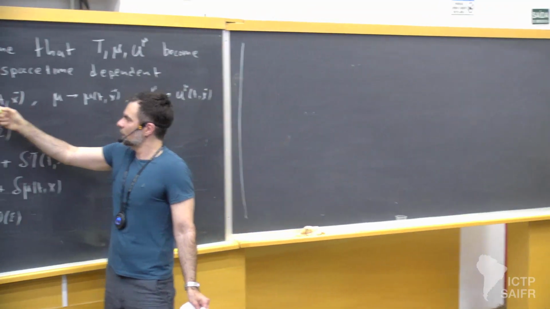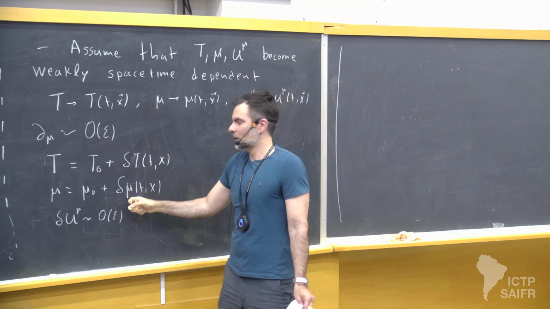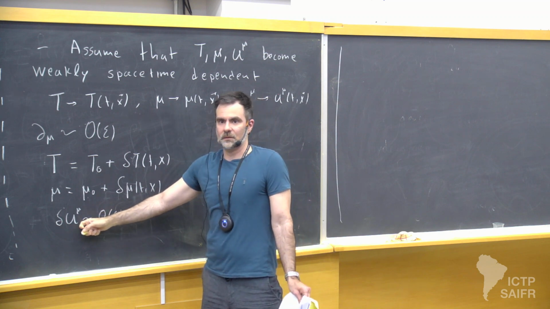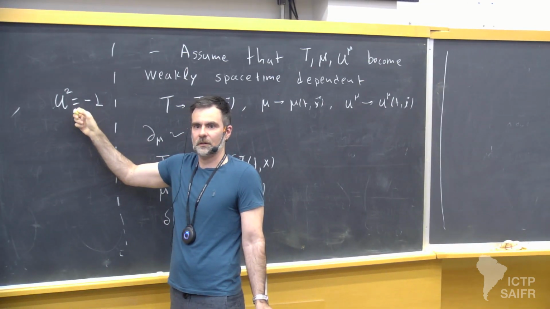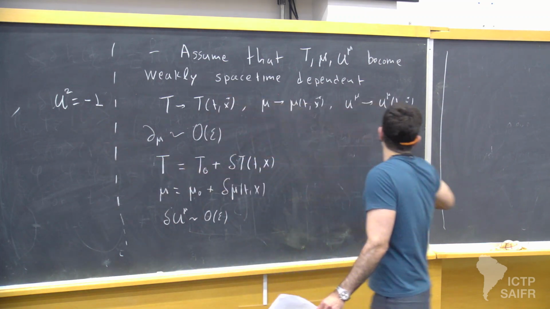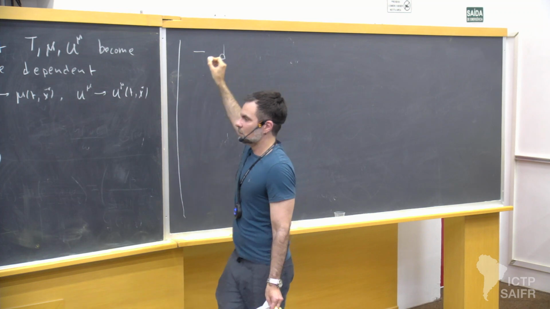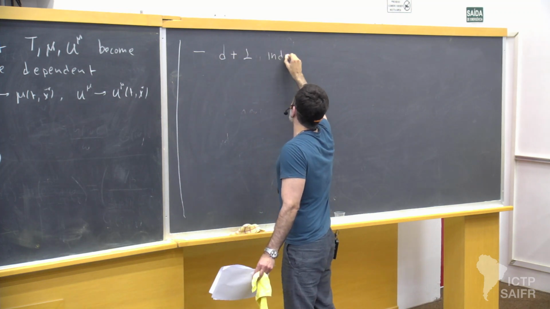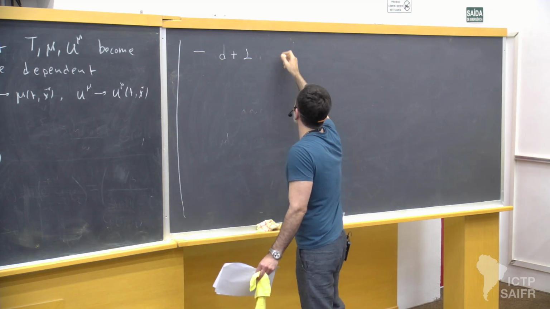How many dynamical parameters? I have one for T, one for mu, that's 2. I would say that I have D for the fluid velocity, but the fluid velocity has to satisfy this constraint. So that's really D minus 1 numbers coming from the fluid velocity. So in total, I have D plus 1 independent functions, or dynamical functions. They depend on space and time.